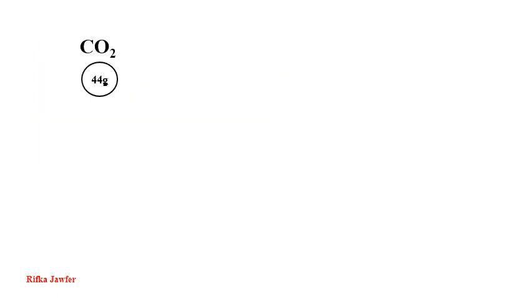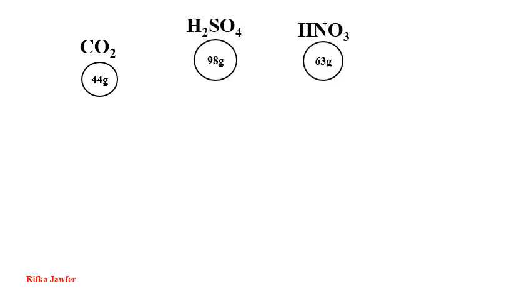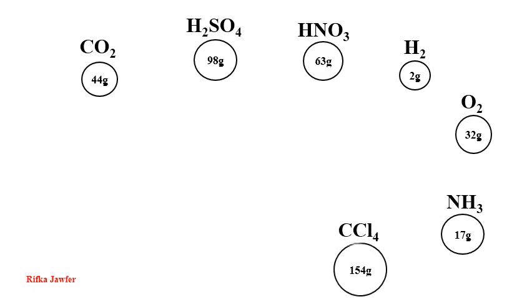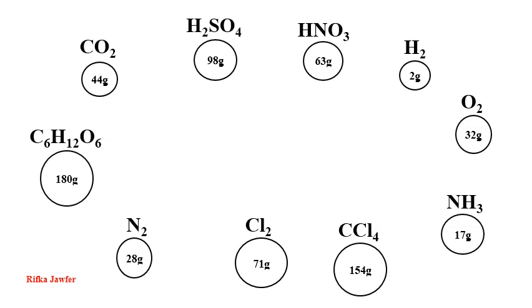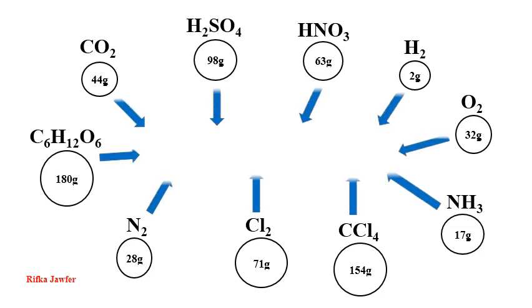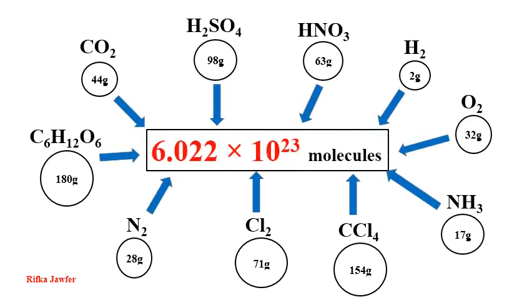If you measure 44 grams of carbon dioxide, 98 grams of sulfuric acid, 63 grams of nitric acid, 2 grams of hydrogen, 32 grams of oxygen, 17 grams of ammonia, 154 grams of carbon tetrachloride, 71 grams of chlorine, 28 grams of nitrogen or 180 grams of glucose, where each compound is measured in masses equal to their relative molecular mass, know that each contain exactly 6.022 × 10^23 molecules, which is a constant value.